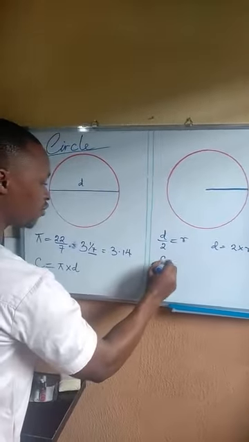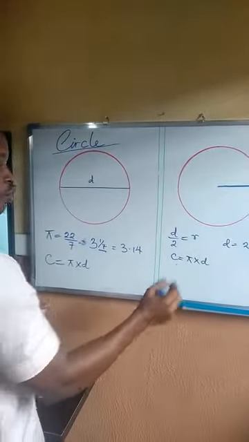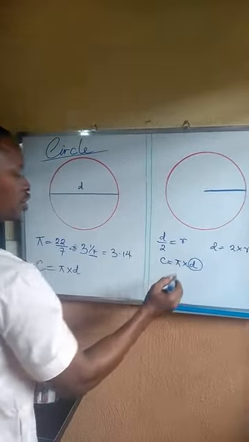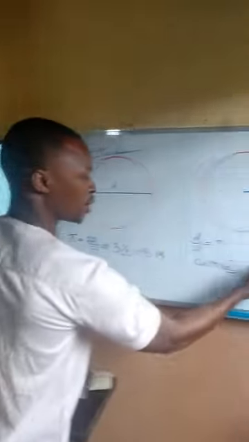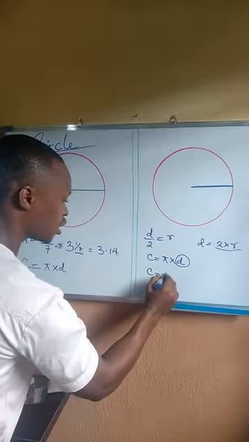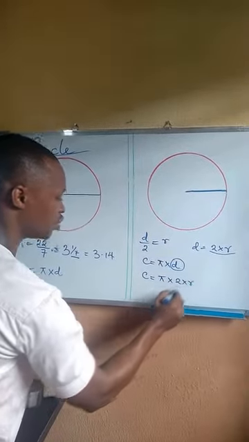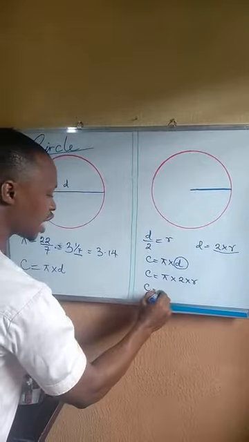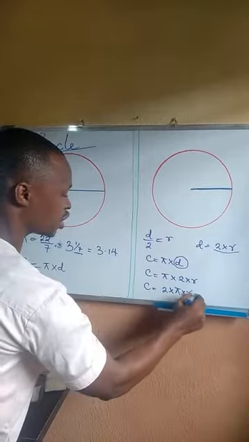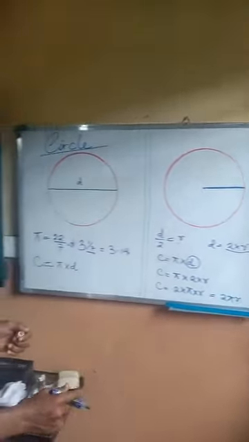Recall that circumference is equal to pi times diameter. So we'll substitute, in place of this diameter, your radius. Remember that diameter is equal to 2 times radius. So instead of writing diameter, our circumference is pi times 2 times radius, and we can rewrite this as 2 times pi times radius, which is equal to 2 pi r.